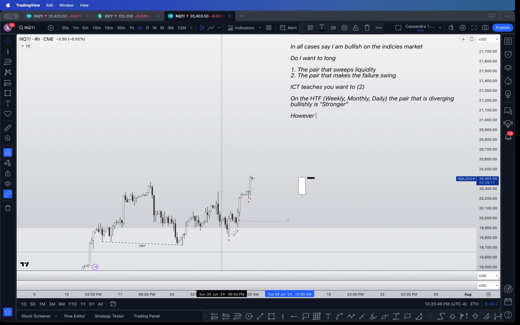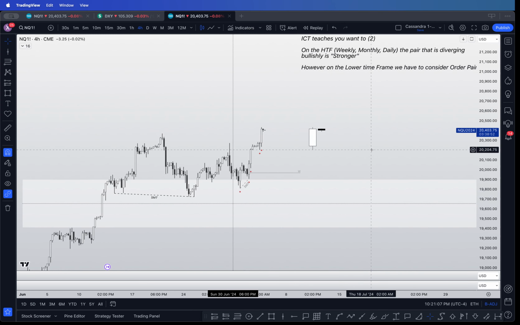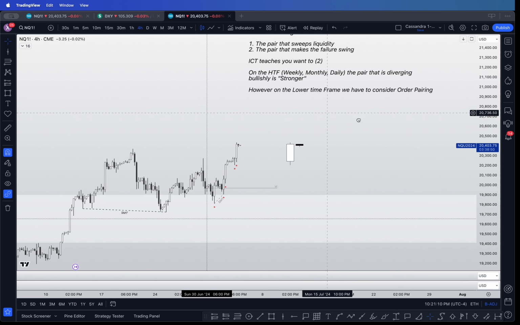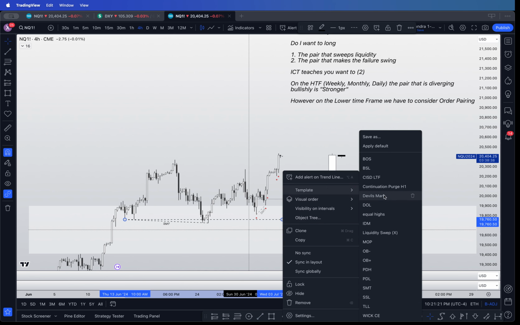However, on the lower time frame, we have to consider order pairing, which is something I saw in the chat from Todd. So what I would argue, which is something ICT doesn't teach, is that despite NASDAQ making the lower low on the weekly chart, I can see that it has order paired relative equal lows inside of a fair value gap here.